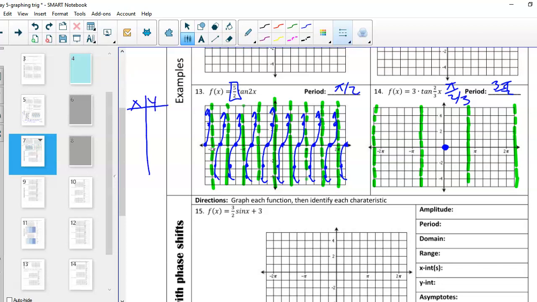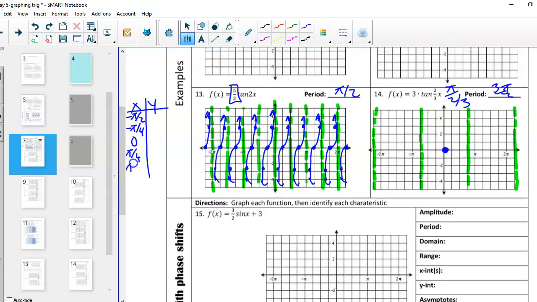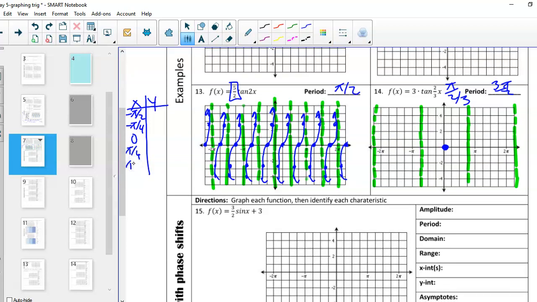So I'm using those values that we just wrote in that table. Negative pi over 2, negative pi over 4, 0, pi over 4, pi over 2. And then undefined, negative 1, 0, 1, undefined. And then we're applying both of these to the table.